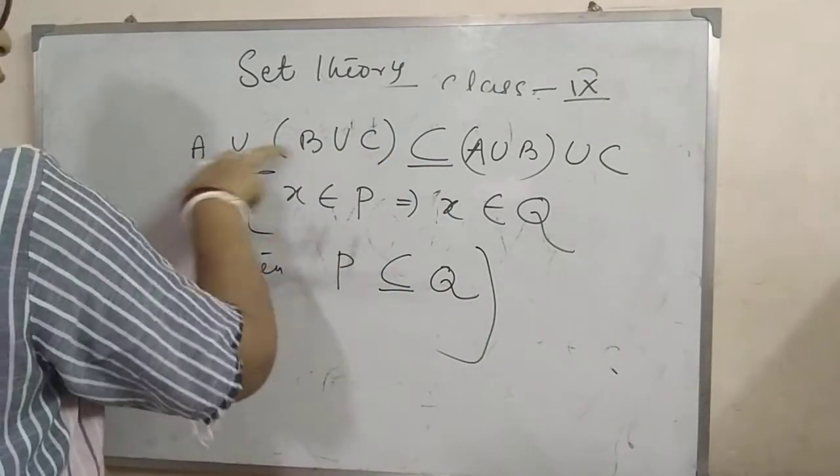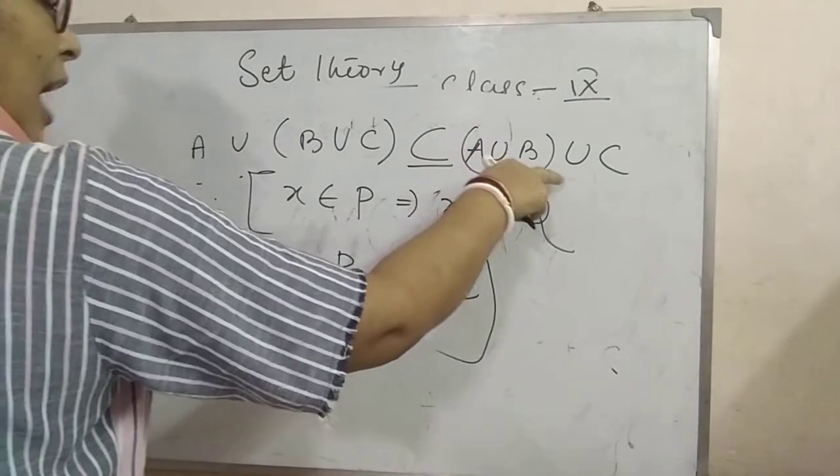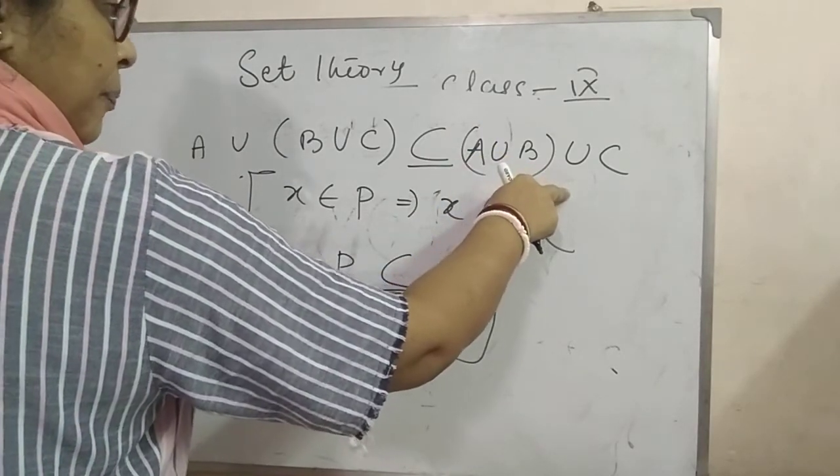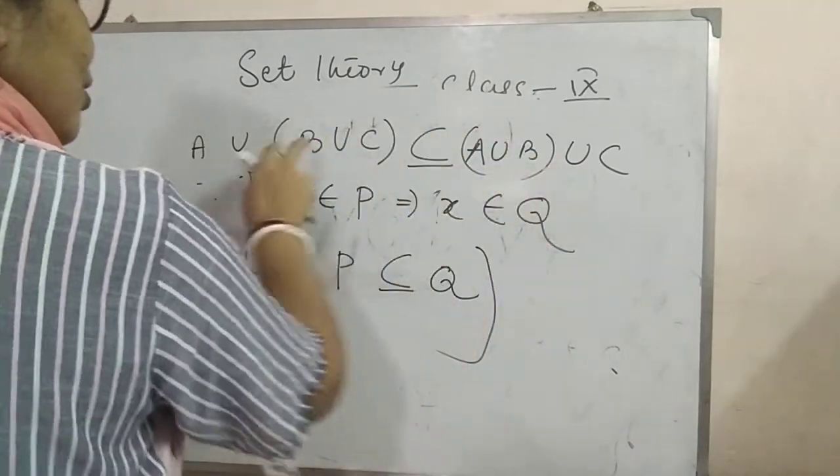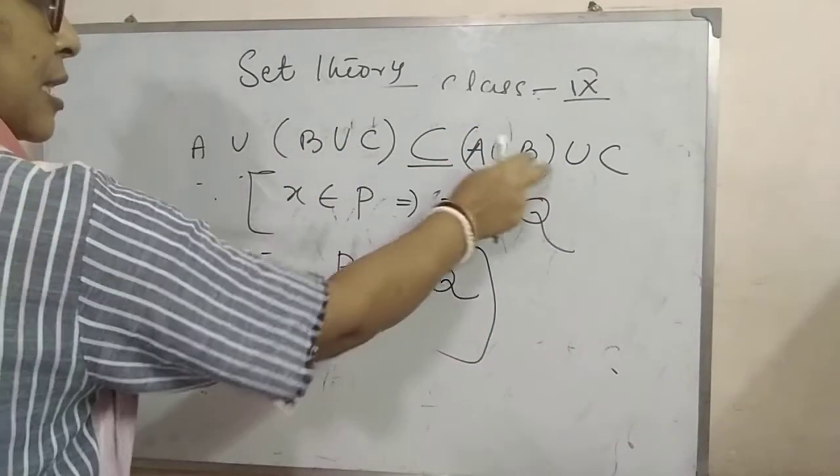This x belongs to this, and I can prove x belongs to this. So, this is a subset of this.